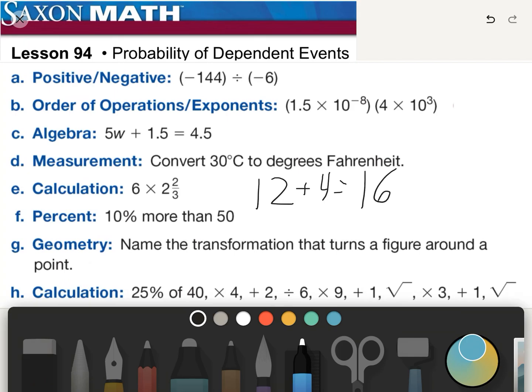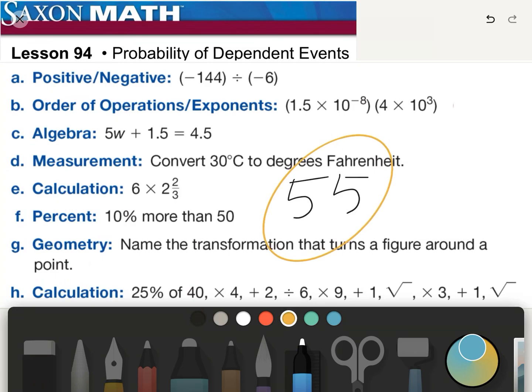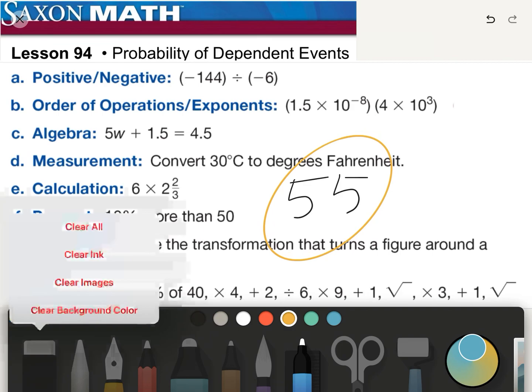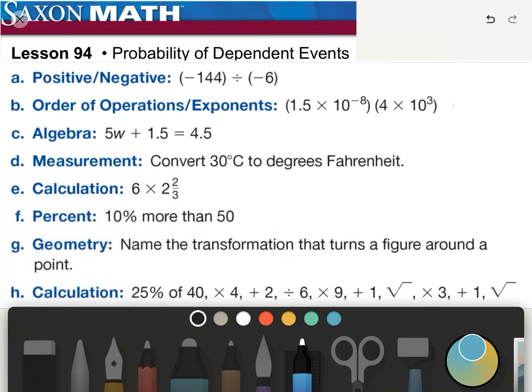It's a 16. 10% more than 50. 1/10 of 50 is 5. 5 plus 50 is 55. I know some of you might be insulted right now by such a simple problem. It's okay. Most things in this lesson are going to be pretty simple.